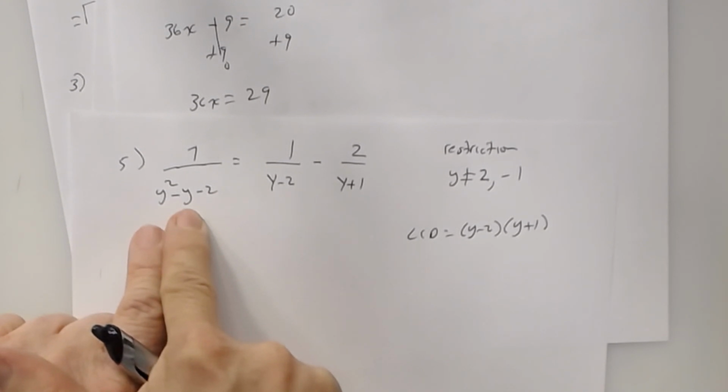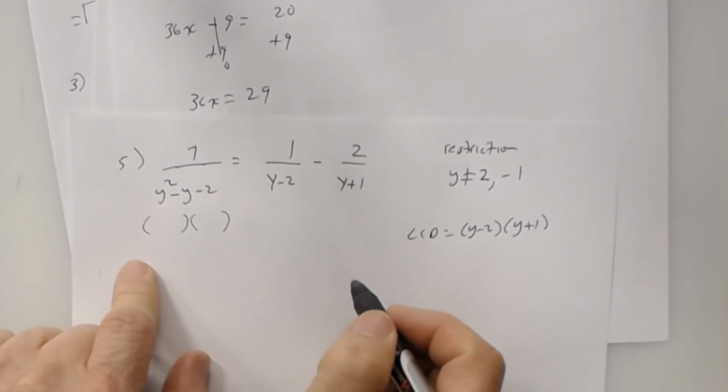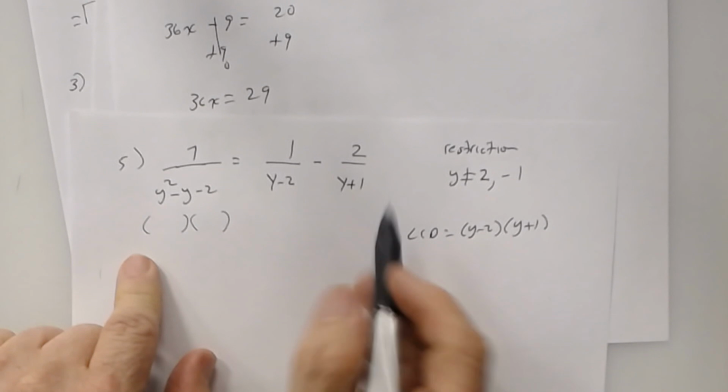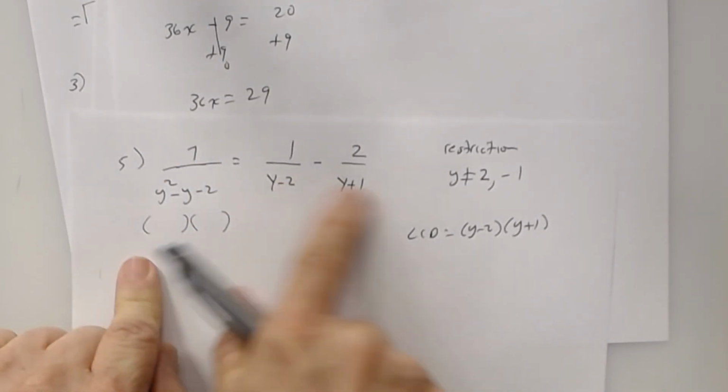The point being that whenever you factor, the first thing you have to do is always look for the GCF, the greatest common factor. Since the GCF is 1, then you're going to do the two binomials. Usually, for us, these two binomials are going to be these two.